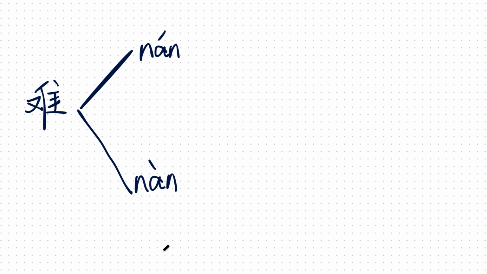So in this character, it has two different pronunciations. And mostly in these cases, if a character has multiple pronunciations, each pronunciation will have its own meaning. Now, for this character, when it's pronounced nán, then it means hard. Not like stiff, but difficult.